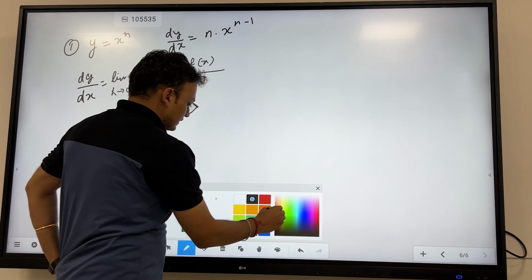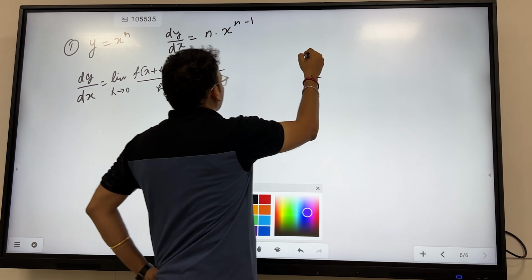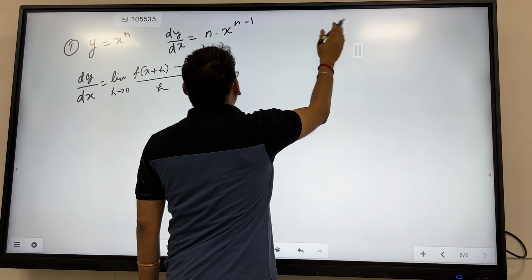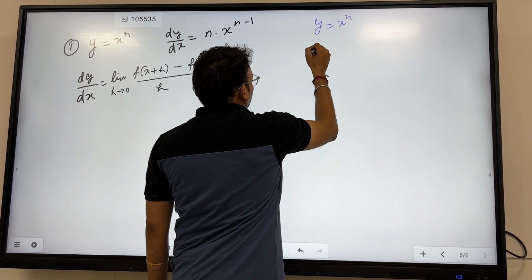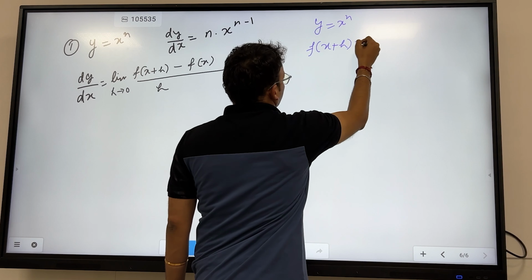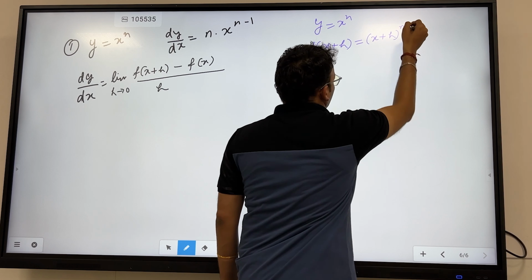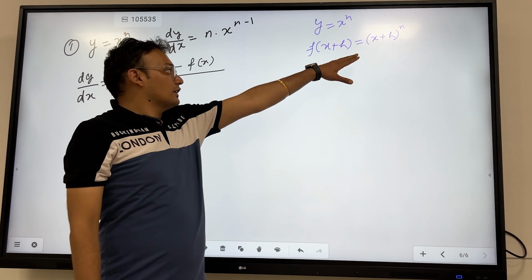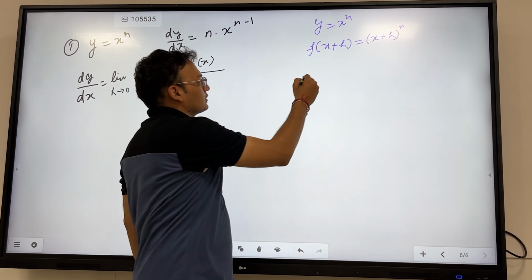That means I need, y is our x raised to the power n. So what I need is f of x plus h. So what is f of x plus h? This will be (x plus h) raised to the power n, right? Now if you remember the binomial theorem, we can apply the binomial theorem here.